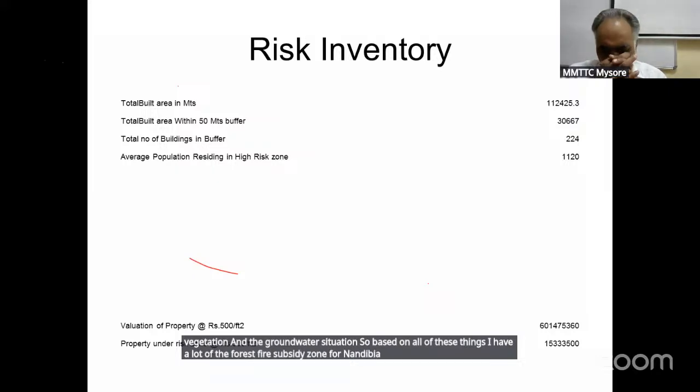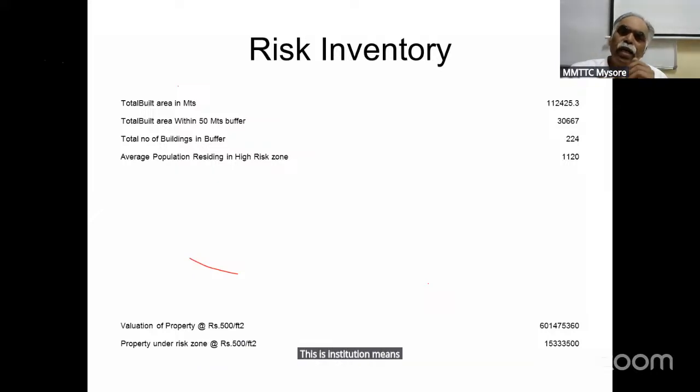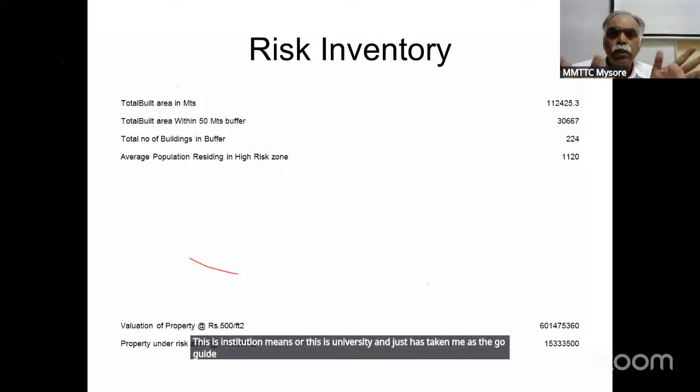One of the African students had come for research to JSS University, and she had taken me as co-guide, and she wanted to develop a susceptibility zone for Namibia forest. So I gave the methodology, and she did it according to my guidance.